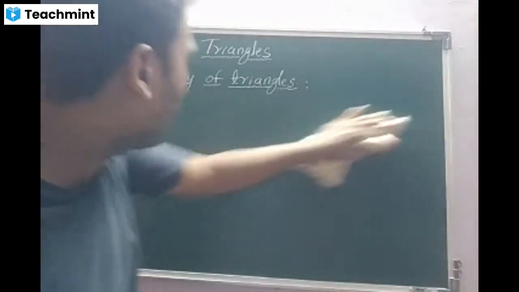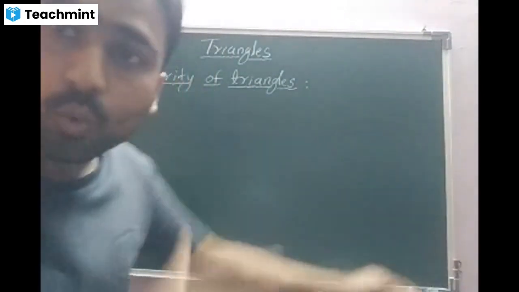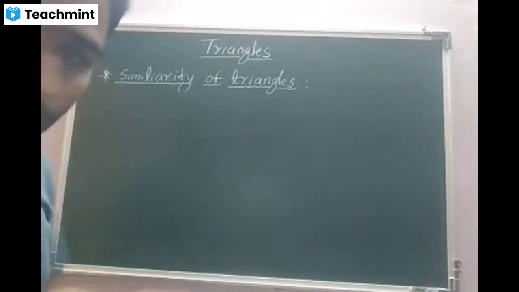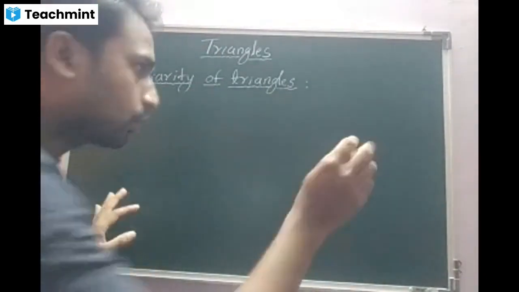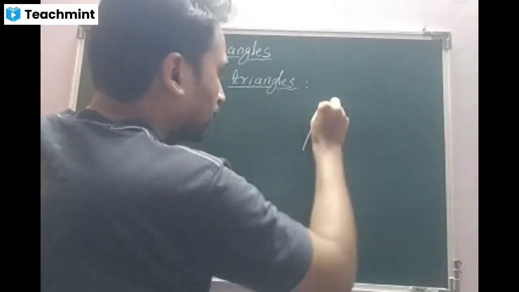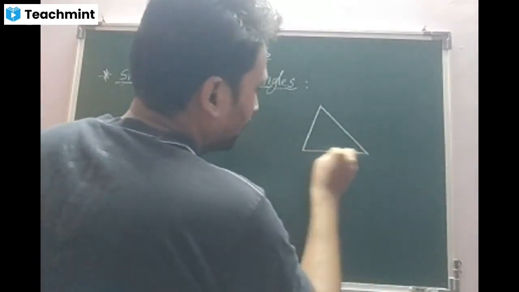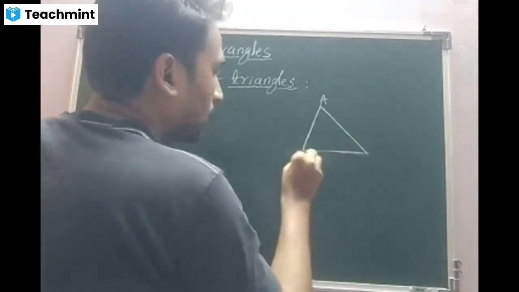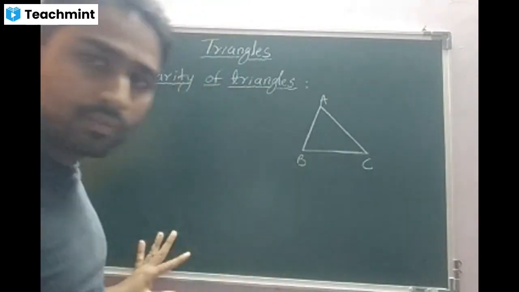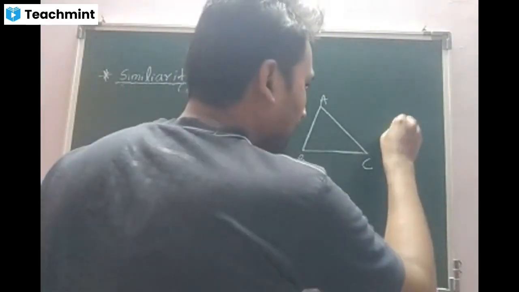Now, I'll take one diagram to elaborate the meaning of the definition. Below the definition, beta, draw a diagram. One triangle in this manner. Call it as A, B, C. Draw one more triangle of the same shape.